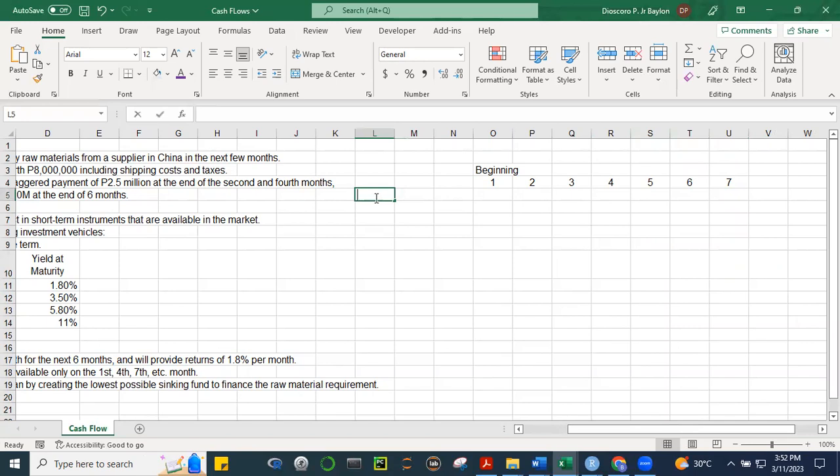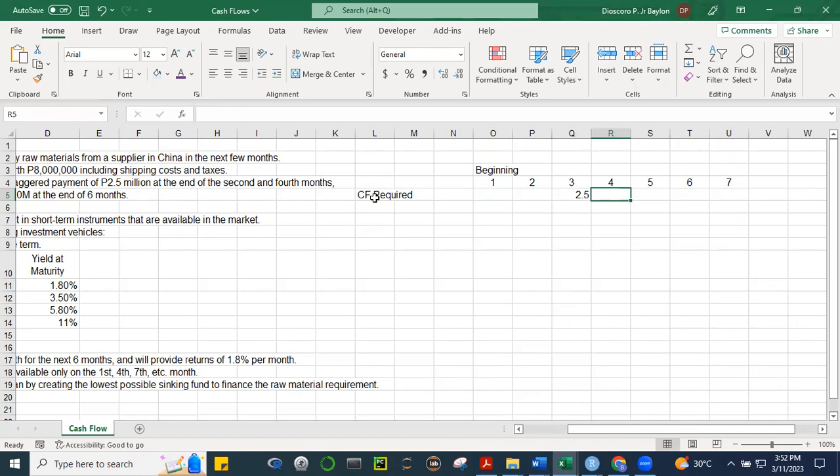Class. 2.5 million, sir. Yes, correct. So at the beginning of month 3, we need 2.5 M, right? Okay, what else? Do we need an amount at the beginning of month 4? Class?